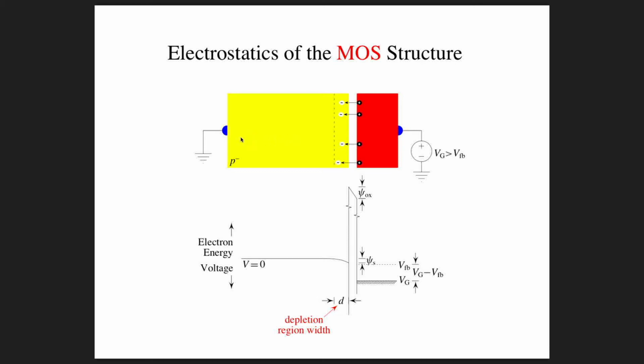And so back here in the depth of the substrate, there is no unbalanced charge. It's all charge neutral. There are as many mobile holes as there are ionized acceptors per unit volume, and so the charge density is 0 up until we get to the depletion region, in which case we start seeing a minus N sub A as our charge density, because N sub A is the acceptor concentration.